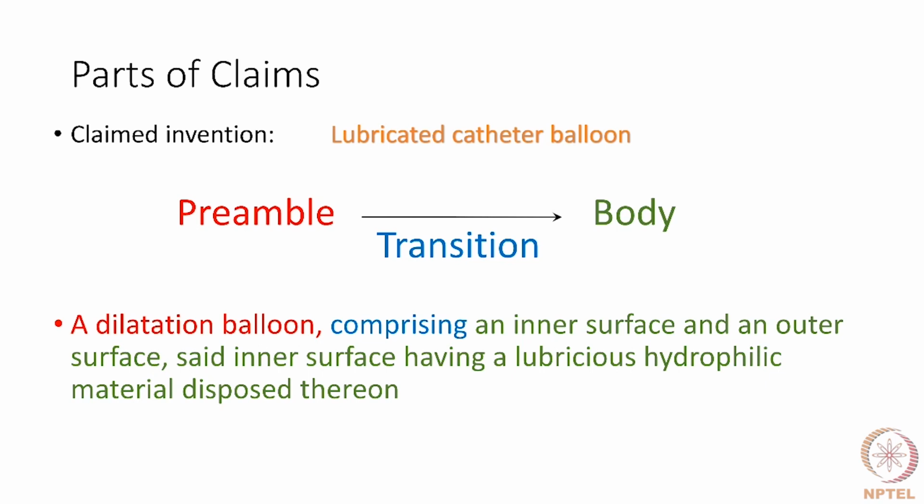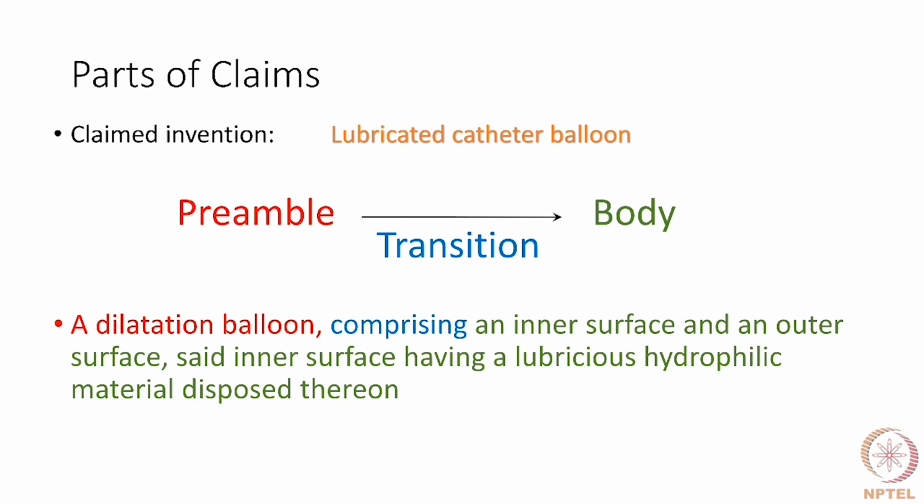The description of the dilatation balloon is that it has an inner surface and an outer surface, and the inner surface has a lubricious hydrophilic material disposed thereon. So what is being claimed is not the dilatation balloon or the catheter balloon per se. A variant which has a lubricious hydrophilic material is being claimed.